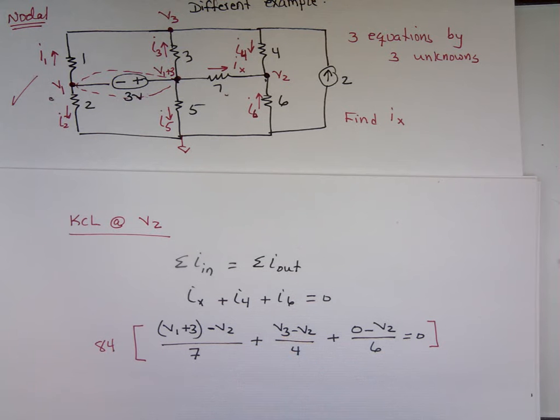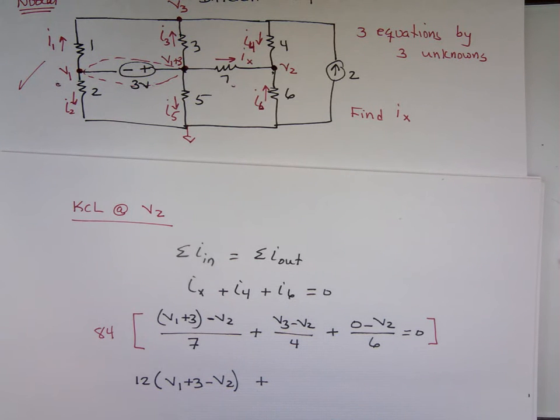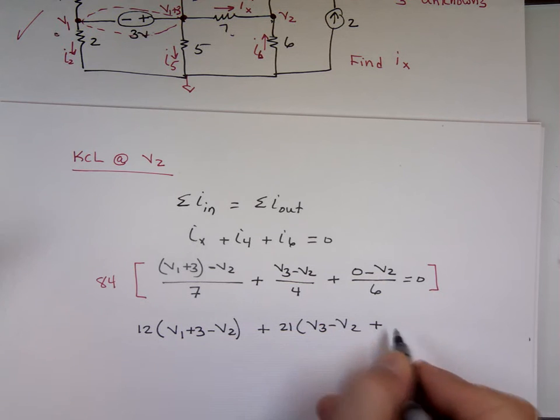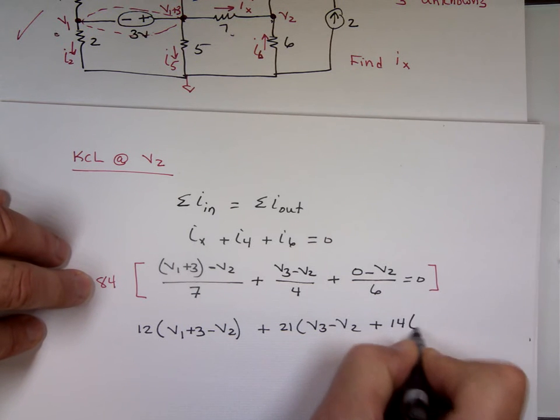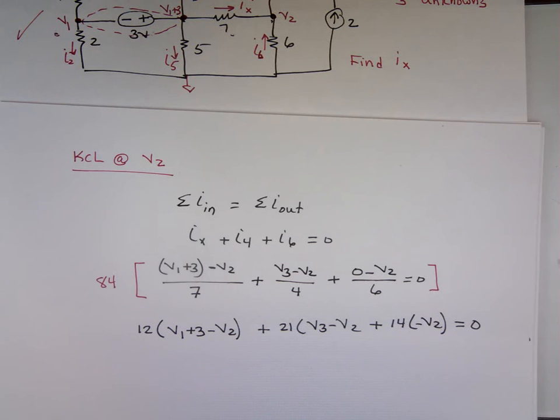So I will have 12 times V1 plus 3 minus V2. 84 divided by 4 is 21. 21 times V3 minus V2. 84 divided by 6 is 14. It's 14 times negative V2, and 84 times 0 is 0.